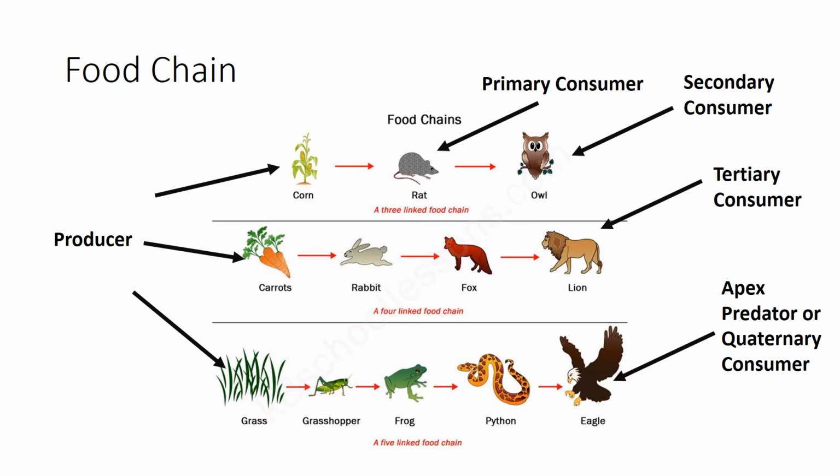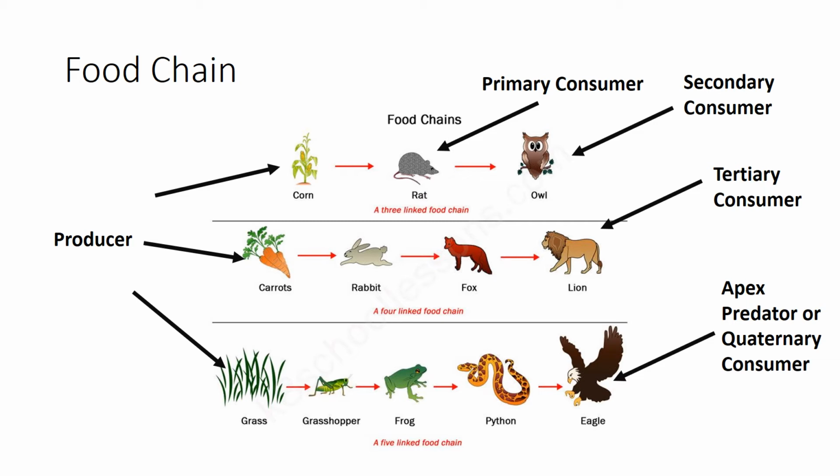They will be eaten by what we call consumers. If it eats something else, it's a consumer. So, for example, something like a grasshopper right at the bottom, or a rabbit or a rat, they are all consumers. Now, a food chain won't finish with those. They will be the first of the consumers, so we call them the primary consumers.